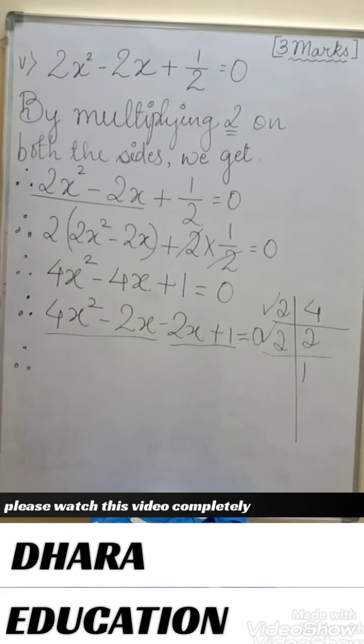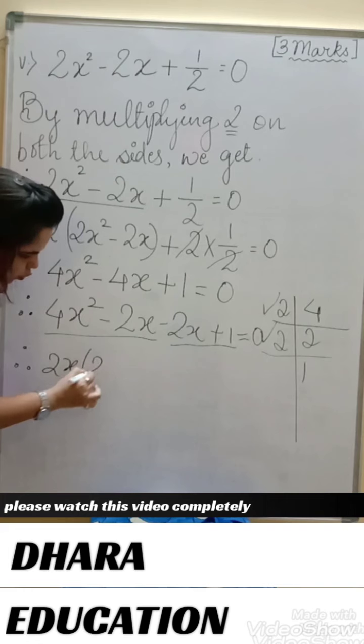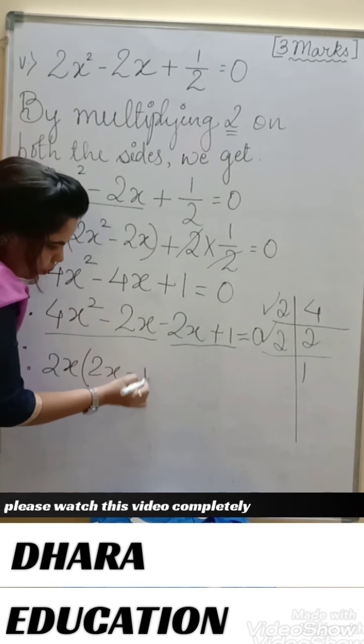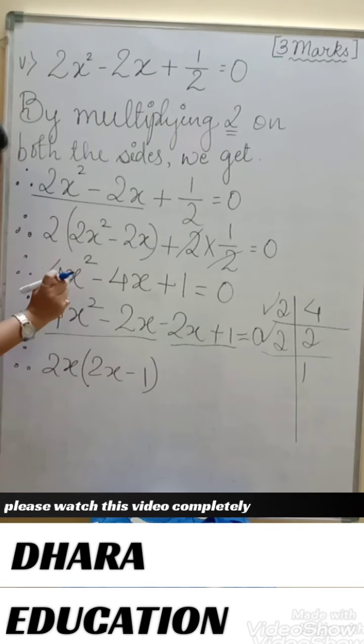Exactly. The way I have shown you in the previous video, I hope that you will understand this. The common factor of this pairing is 2x. Again 2x, because 2 2s are 4 and x multiplied by x gives you x square, minus 1, and why 1? Because 2x multiplied by 1 gives you 2x.